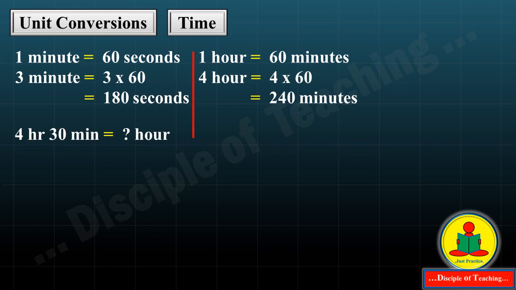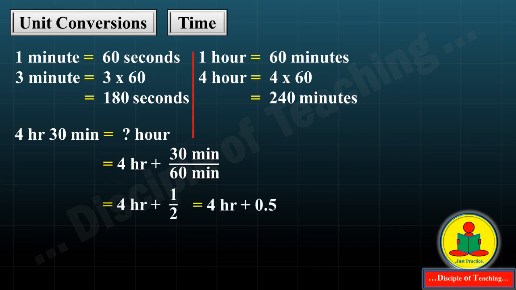To calculate this value, we have to separate the minutes value from the hour value and divide the minutes alone by 60 to convert into hours, because we know 1 hour is equal to 60 minutes. On dividing, we get 4 hours plus 0.5 hours, totally 4.5 hours. So 4 hours 30 minutes is equal to 4.5 hours.